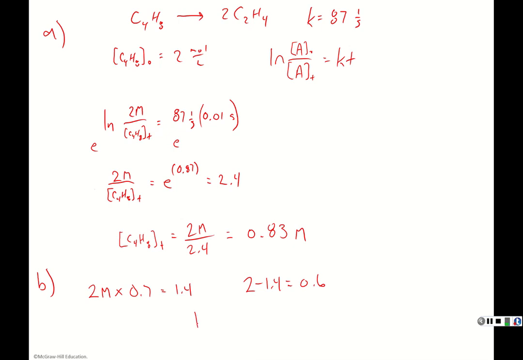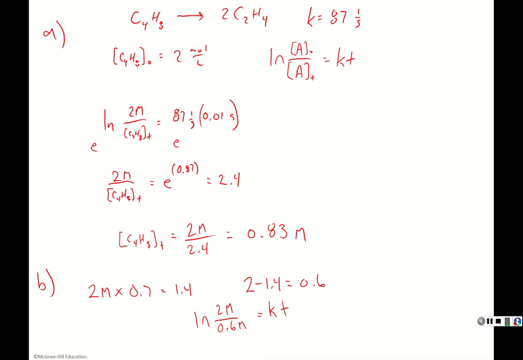So then we can plug that into our first order integrated rate law. A naught was 2 molar, A at time t is 0.6 molar. And we know that ln of A naught over A equals k times t.